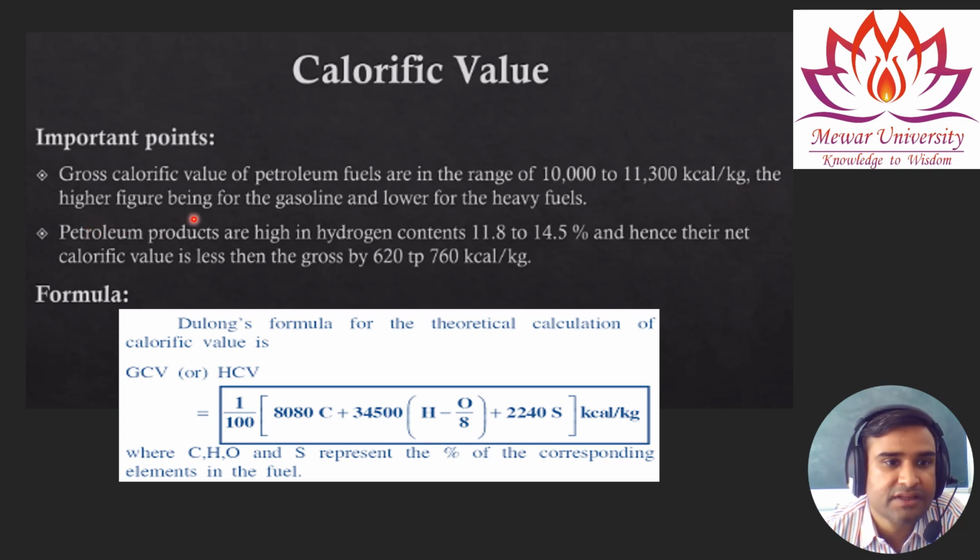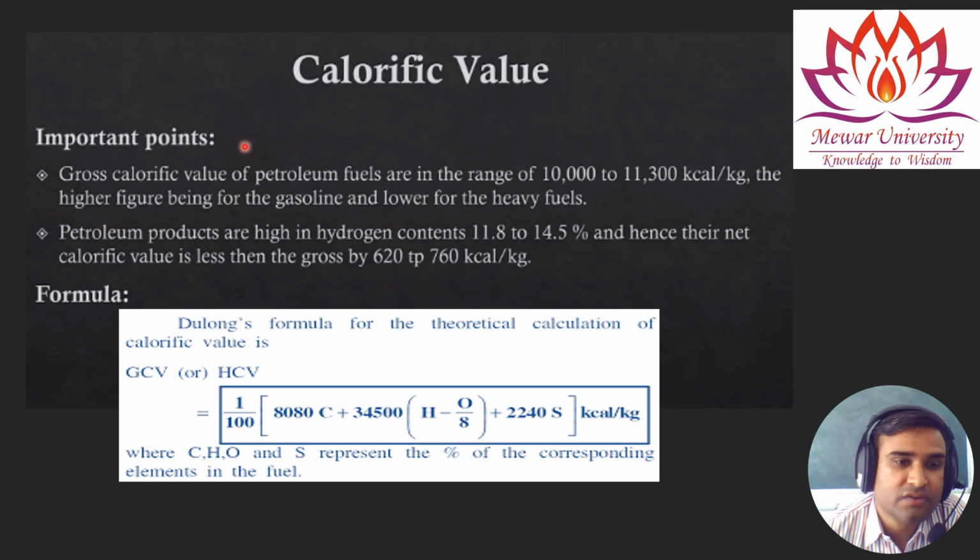The higher figure is for gasoline, lower for heavy fuels. So petroleum products are high in hydrogen content, 11.8 to 14.5%, and hence their net calorific value is less than the gross by 620 to 760 kilocalories.